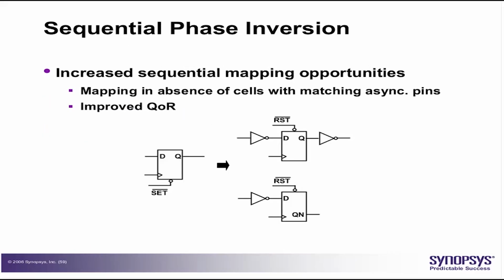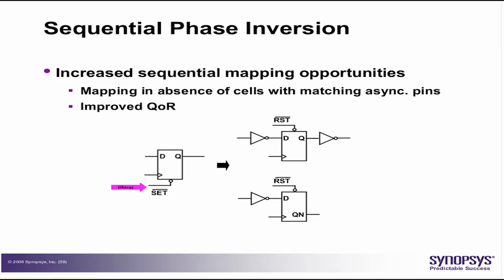We saw in the labs we are doing compile_ultra by default with sequential output inversion. So compile_ultra does sequential output inversion by default. It does one more thing: if your library does not have an asynchronous set cell and you are using it in the RTL, asynchronous set and reset functionality cannot be implemented using combinational logic, right?